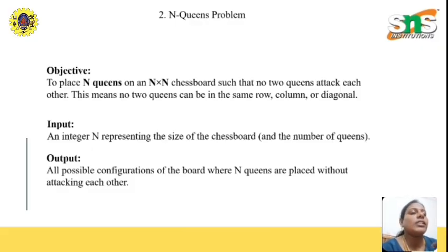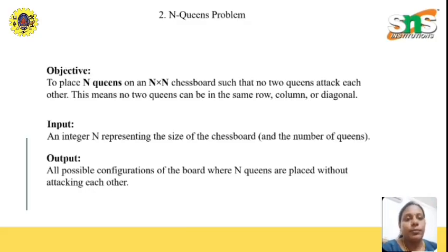The input of this problem is an integer N representing the size of the chessboard, which is also the number of queens. The chessboard is an N by N matrix, and the number of queens is the same number of elements placed in that matrix.